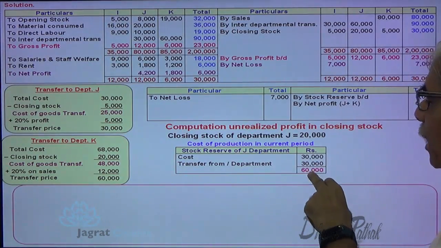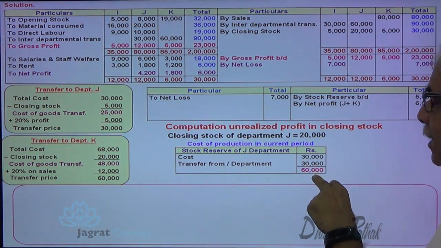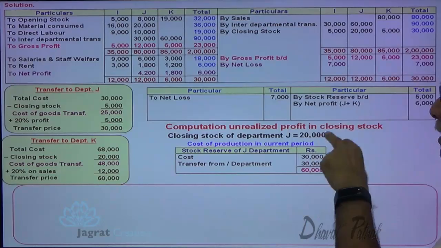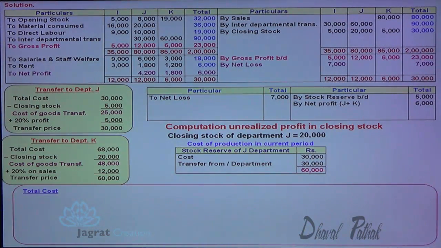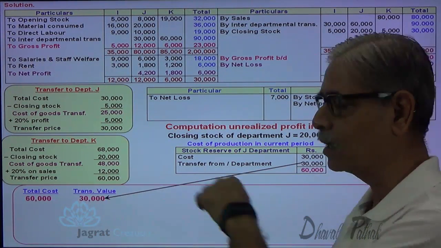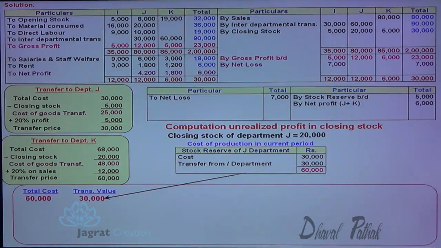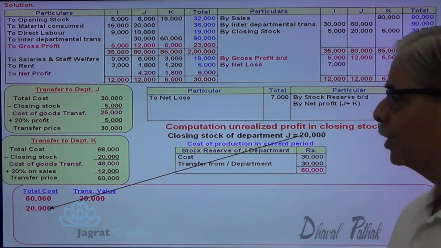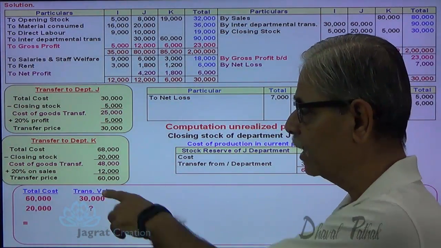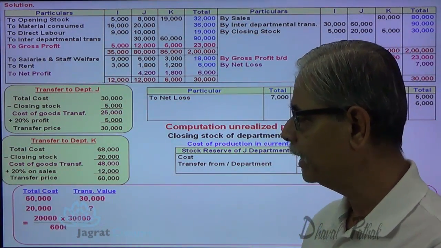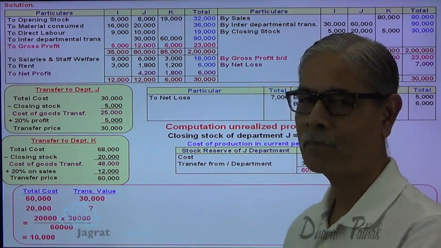So I want to find out the proportion that is relevant to the stock of 20,000. If the total cost is 60,000, the profit load item transferred value is 30,000. What is the profit load element in closing stock of 20,000? If you work it out, the profit load element is 10,000.